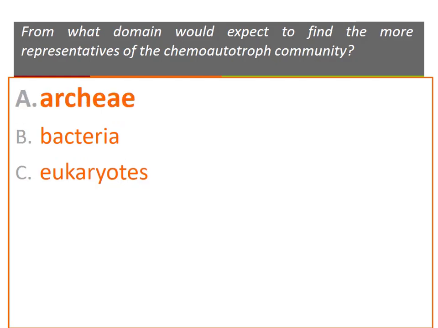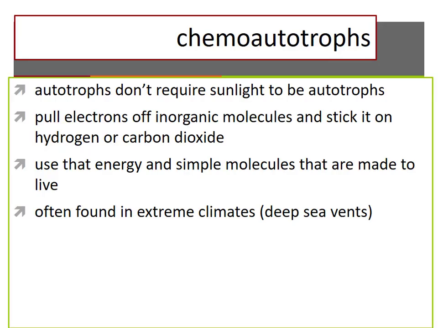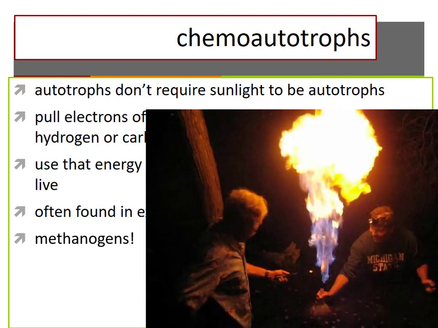Deep sea vents, that was your clue, right? If they don't require sunlight, and they're going to take electrons and stick them onto things like carbon dioxide and hydrogen, they're actually going to make things like methane in that process. And remember, our methanogens are also going to be our archaea.